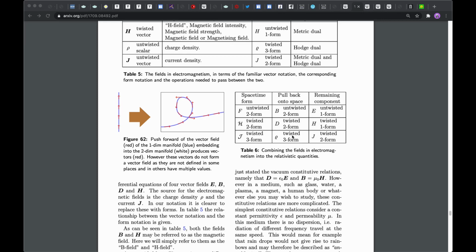And if you pull the current form to the space, you will obtain the charge density 3 form there. The remaining components left out are the corresponding electric field strength and magnetic field strength, and the current 2 form here.